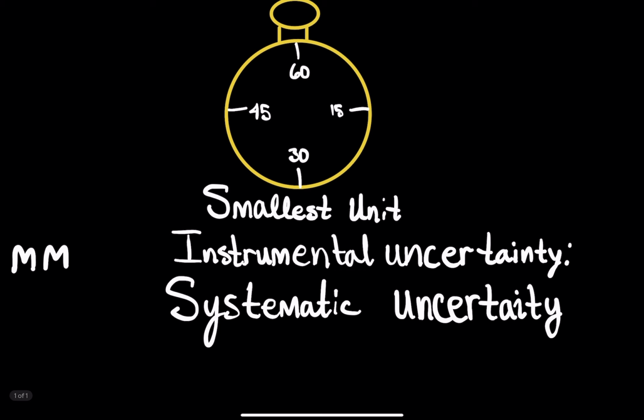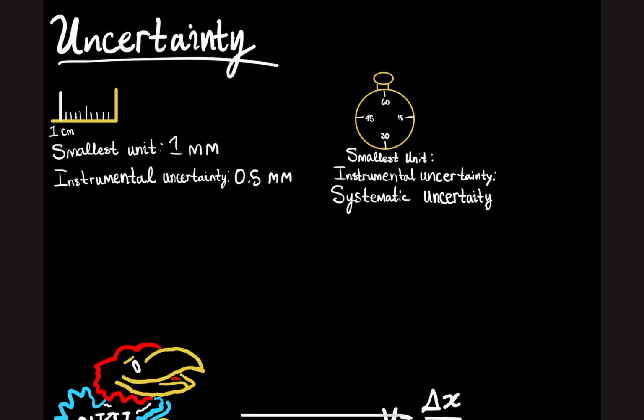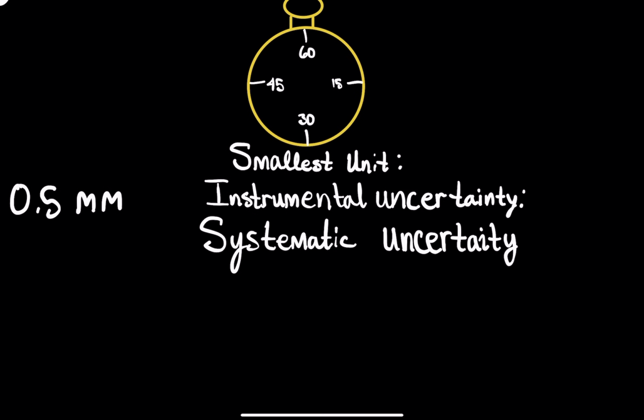So we know that a clock has a 1 second uncertainty, since the smallest unit is 1 second. And we still have some little wiggle room, where we could tell half a second.